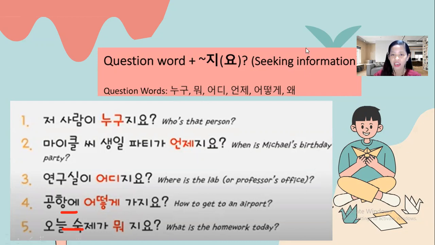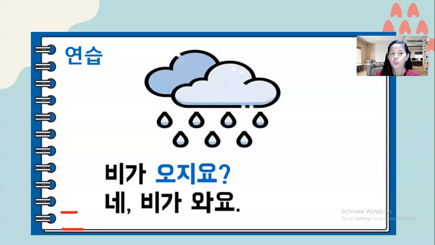So if again they are combined with these question words, then they will be asking for information, right? So that means 여러분, we will be using the 지요 also if we want to seek information, right? So I hope everything is clear now. Okay, so I have here some practices, right?